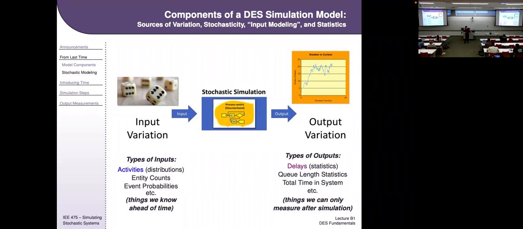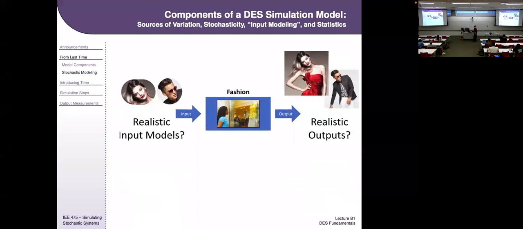Well, it's because your inputs, like the time in between arrivals of a customer, have been random to your simulation. Because we put randomness into our simulation, we get randomness out of our simulation. And we want randomness out of our simulation. And so the challenge will be figuring out the right randomness to put into our simulation to make that work. That is all about how we choose realistic input models to get realistic outputs.